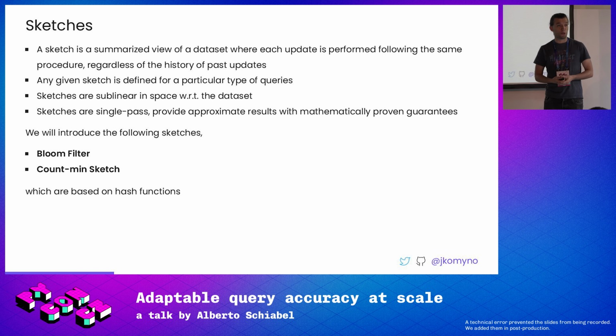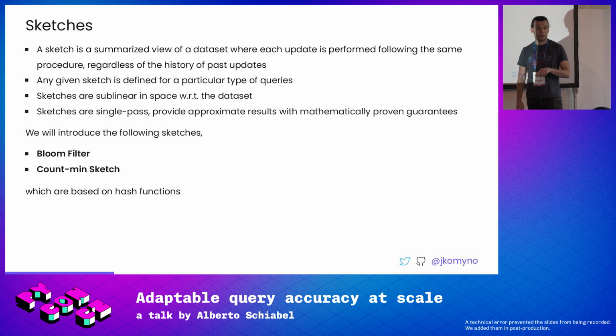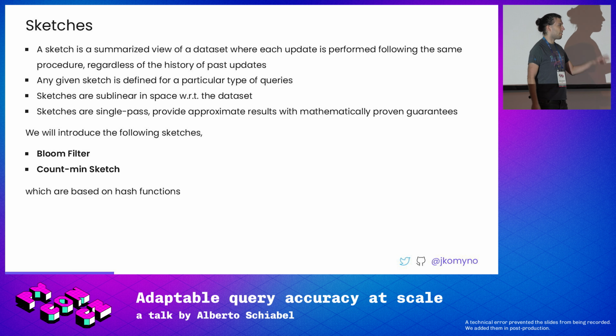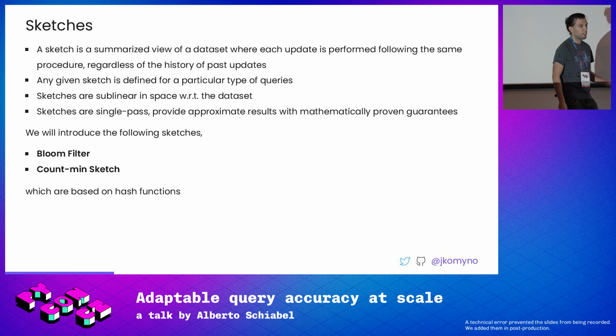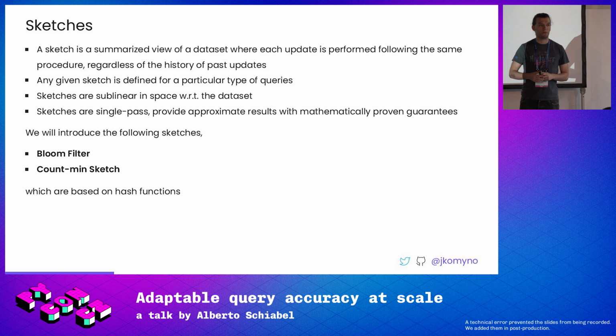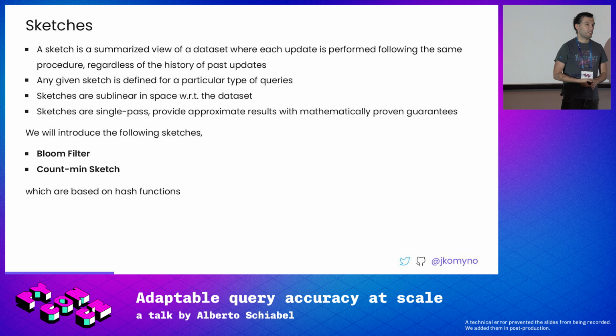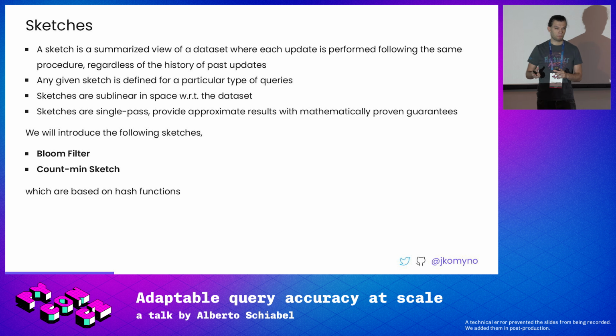And the tools we introduce today are Bloom filters and count-min sketches. And they are all based on hash functions. So a little bit of review on hash functions, you are probably already familiar with them, but what's important is that they are deterministic. They take an input that can be any value of any kind, as long as you have the hash function in Python, and they compute a value out of it, usually a big number. The important caveat is that the input set is significantly larger than the output set most of the time.